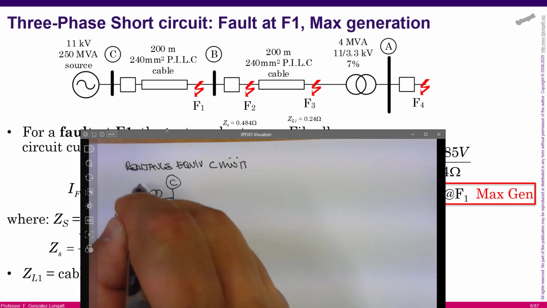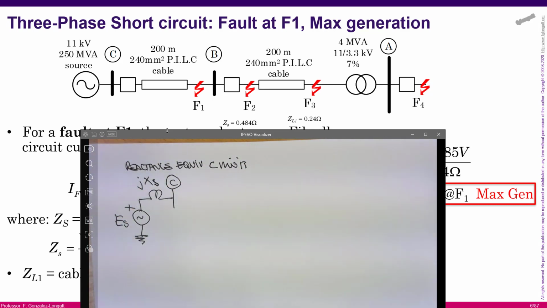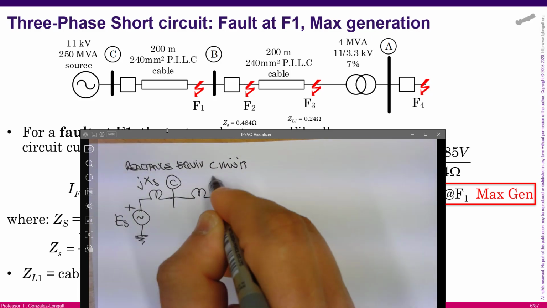Here you can use an external reactance. Then you have a cable. You go to bus bar B.